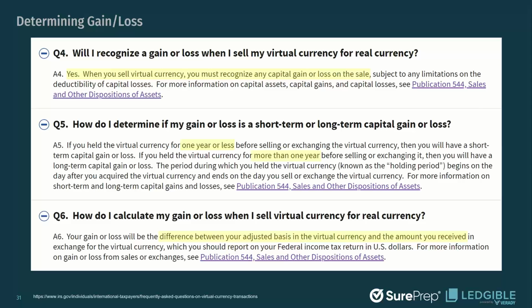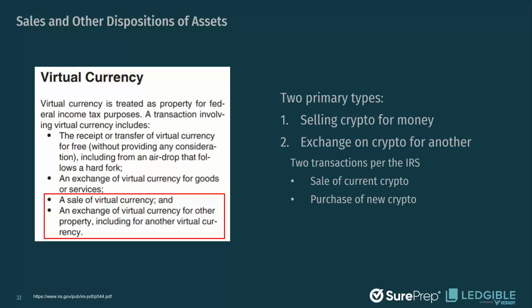So it's the difference between your adjusted basis and the amount that's received. So again, there's a lot of complexity with the mechanics and the machinations of crypto, but the taxing on it is pretty straightforward once you can get those key pieces of data and information extracted out.